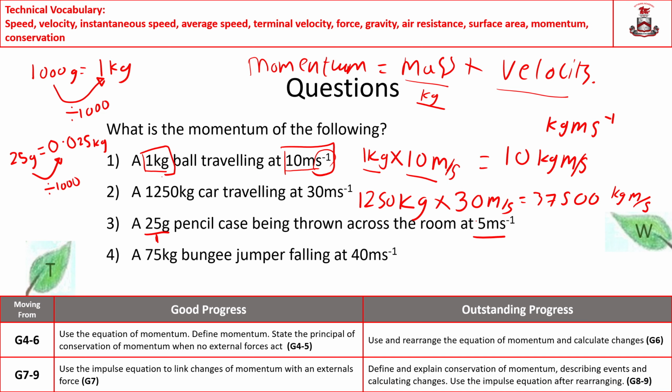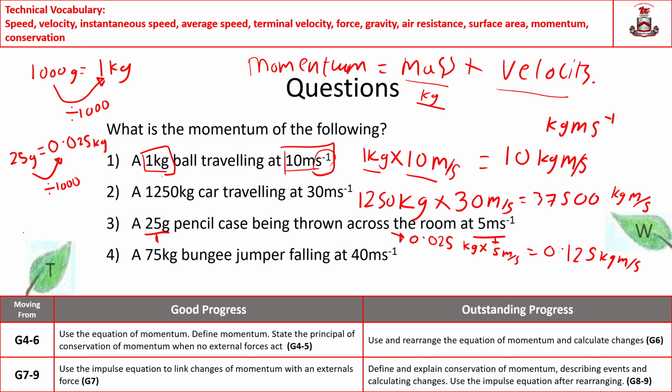So let's do this one. Well, we now know that it's 0.025 kilograms. And the speed of the pencil case is 5 meters per second. Times that by 5, and we get 0.125 kilogram meters per second.